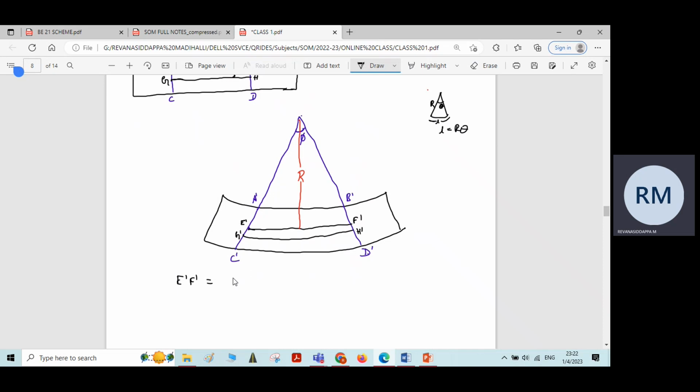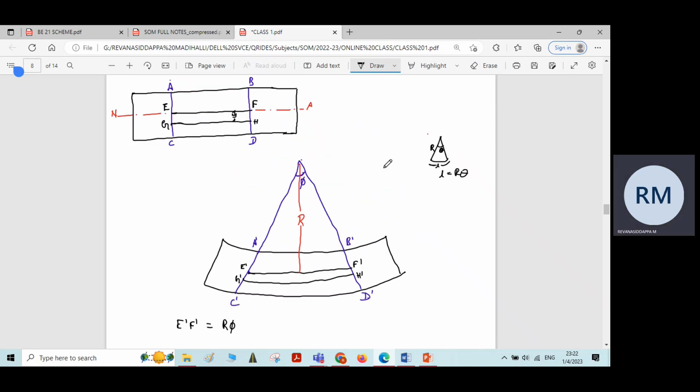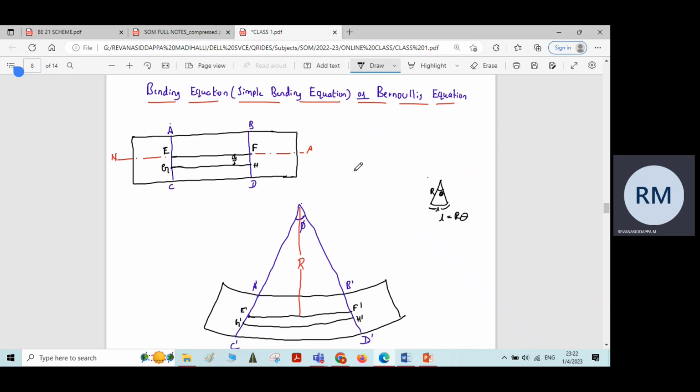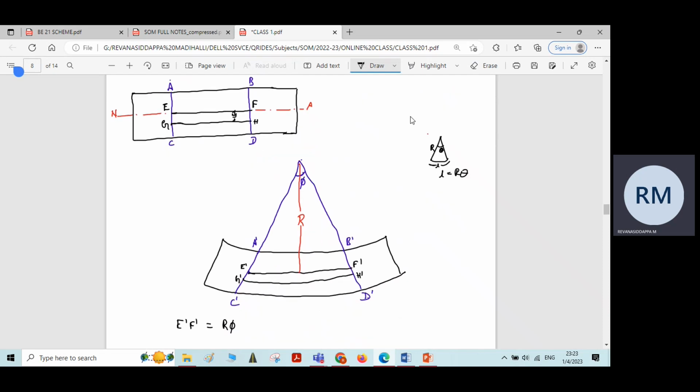Similarly, we get the equation as R into phi. Now we all know that if we consider the stress along the neutral axis, the stress along the neutral axis will be always zero.